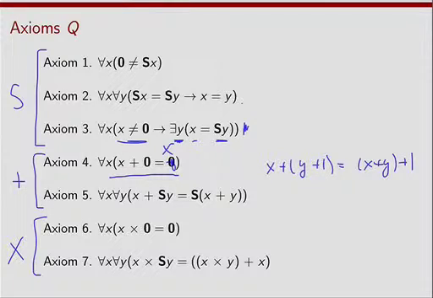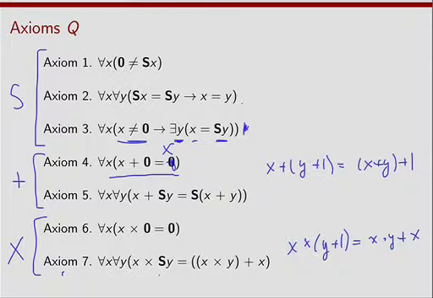Axiom 6, anything times 0 must be equal to 0. And axiom 7 then tells you how times and successor interact. So again, think of it as if you take x times the successor of y, the usual distribution property tells you that should be x times y plus x.